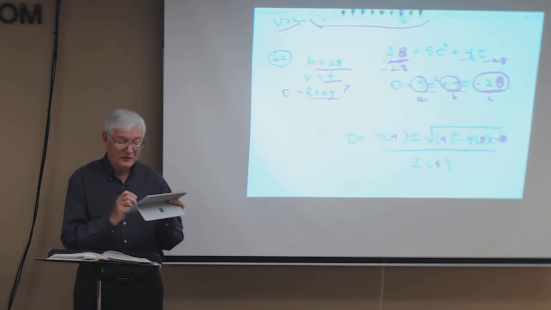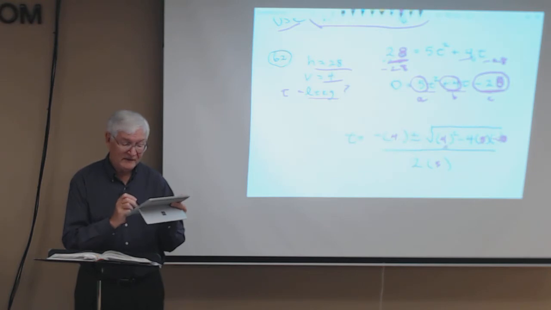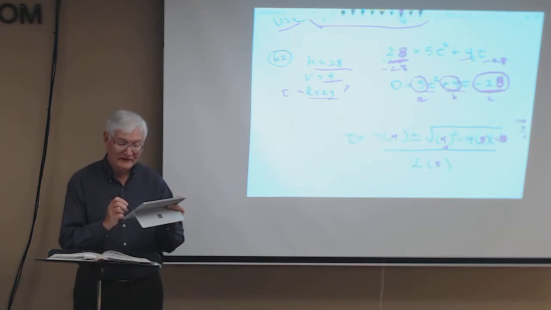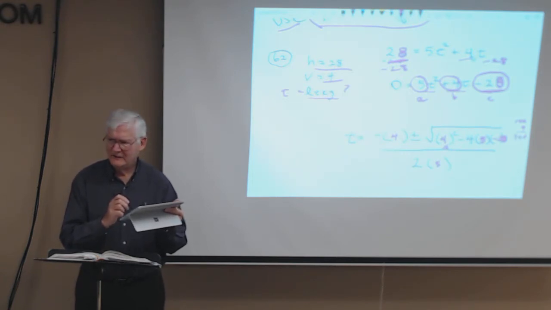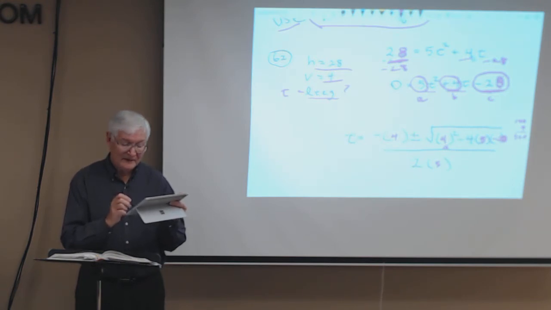And then you just do the work. 4 squared is 16. Negative 28 times 5 is 140, times 4 is 560, is that right? Am I right so far? And that's a positive, so add that to 16 and you get 576.